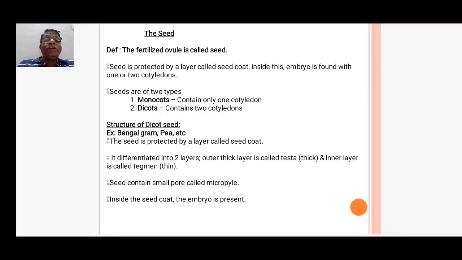The seed is always protected by a layer called seed coat. ಸಿಪ್ಪೆ ಅಂತ ಕರಿತೀವಿ ನಾವು. Inside this seed coat we find cotyledons with embryo.